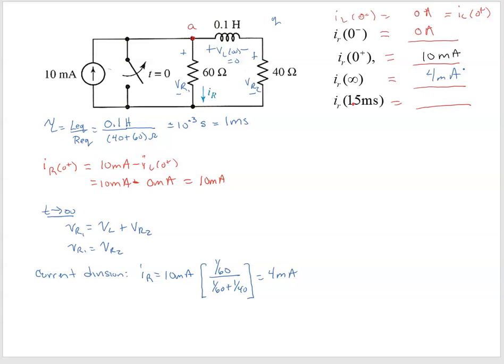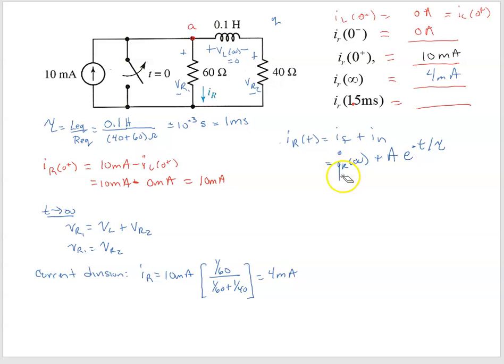And now if we want to find our IR of t, that is equal to our IF plus IN, or equal to our IR of infinity plus some A e to the negative t over tau, which is 1 millisecond.